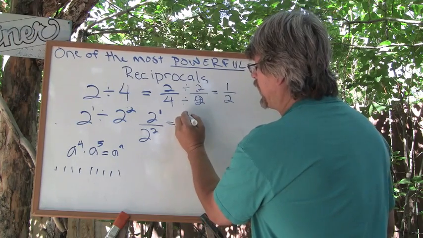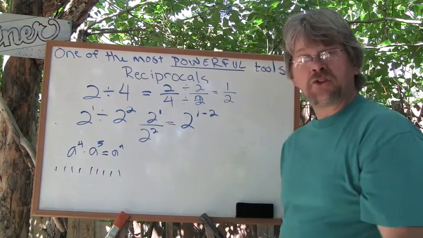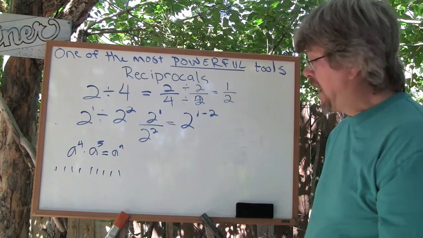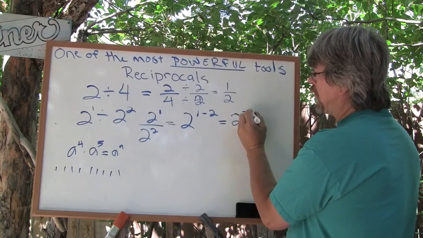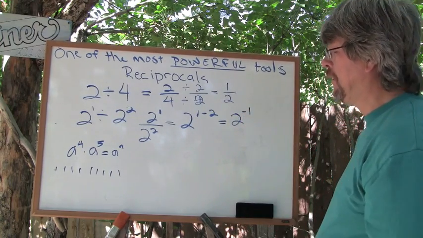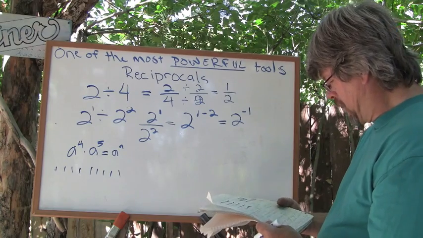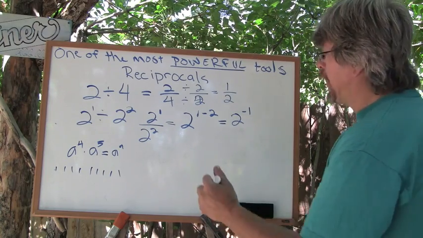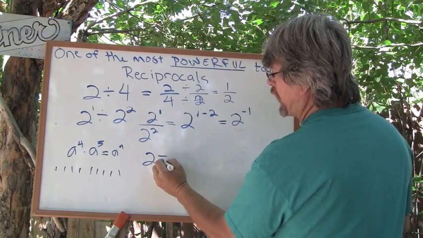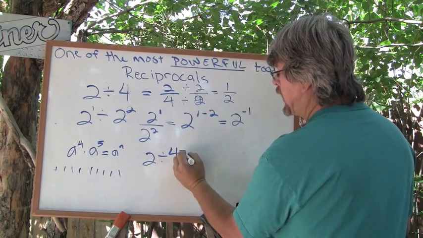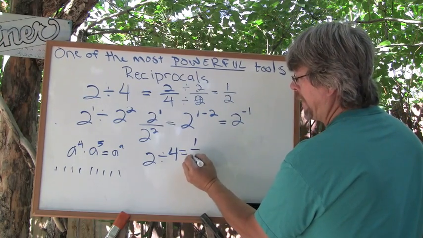So this essentially equals 2 to the 1 minus 2 power. And this equals 2 to the negative 1. Right? So we agree that 2 divided by 4 equals 1/2.